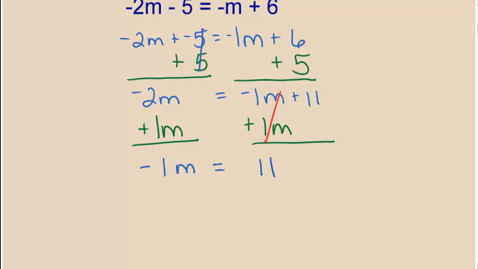Well, we have to multiply by the reciprocal, and we learned that the reciprocal of -1 is -1 because -1 times -1 equals +1, and that's what we're trying to get there, is a +1. If we multiply the left times -1, we have to multiply the right times -1 to keep our equation balanced. So we're left with m equals -11 as our answer.